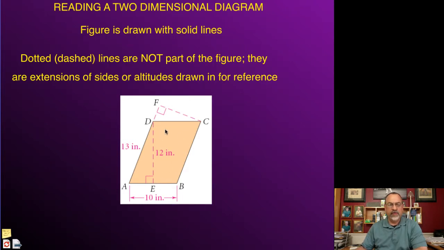So don't be confused by these dashed, I guess that would be dotted and dashed together, dashed lines. I think I just created a new word. So these dashed lines are simply reference lines and are not part of the area that we're trying to calculate.